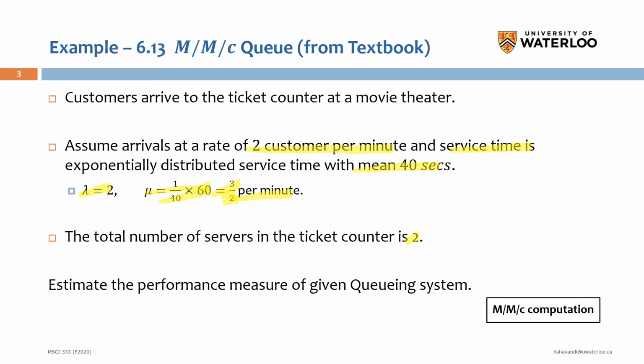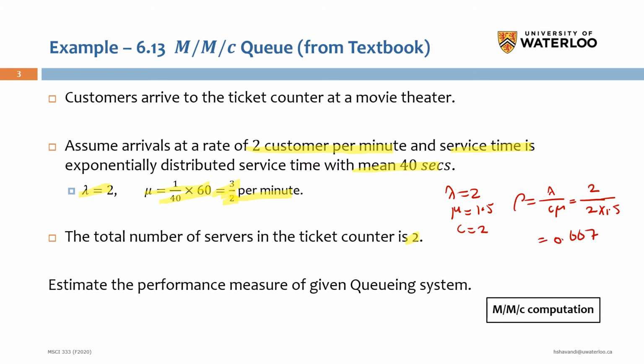So lambda equals 2, mu equals 1.5, and C equals 2, right? We have 2 servers. So rho will be lambda over C mu, so 2 divided by 2 times 1.5, or 0.667.